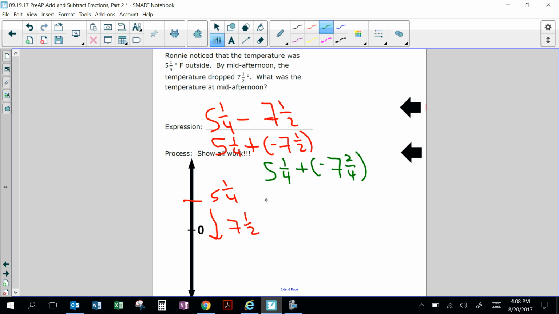So we have 5 whole. 1, 2, 3, 4, 5. And we have 1/4. And then we have -7. 1, 2, 3, 4, 5, 6, 7. And -2/4. I'm going to shade these in because these are negative.